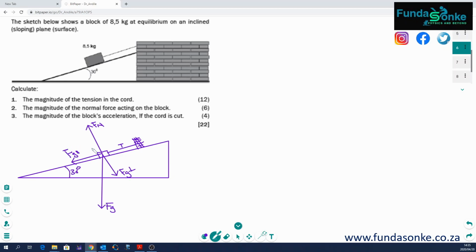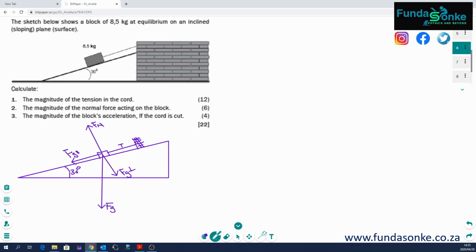Okay? Of which in this case, we're told that this is on an inclined plane surface. So one can then assume that there is no friction associated with this surface in this case. Okay?